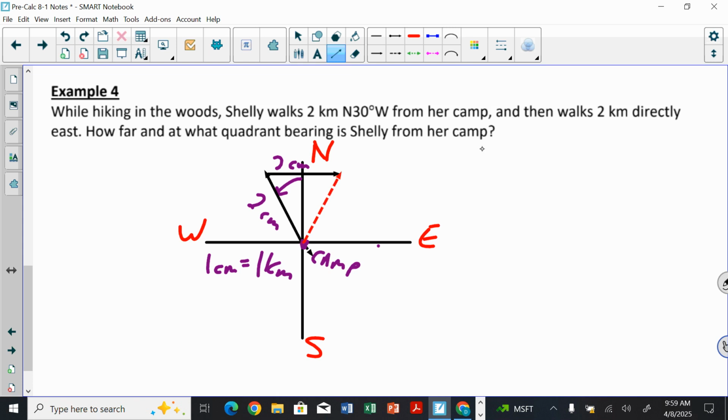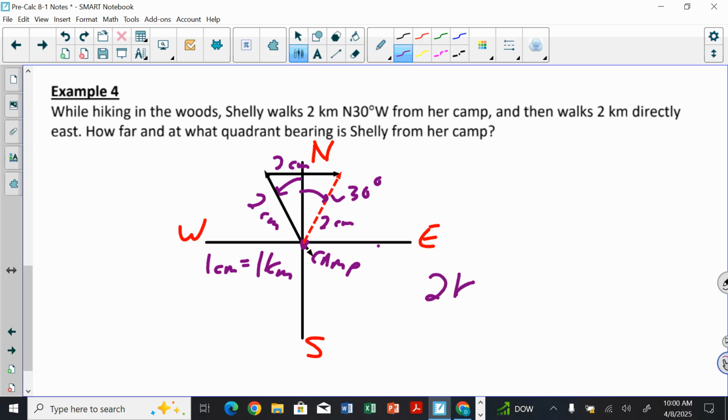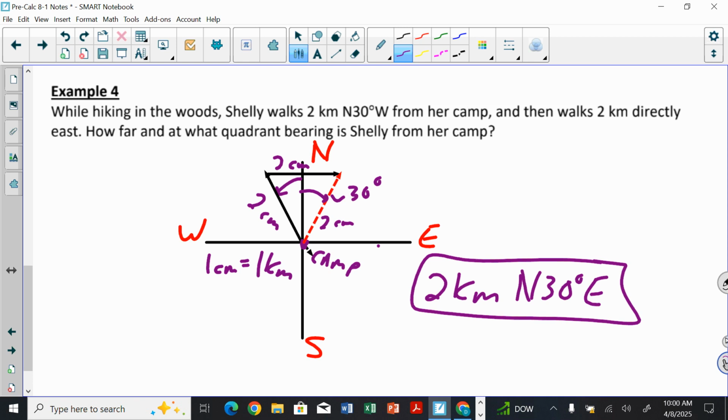If I take this from the north, I use my protractor. Okay, that's 30 degrees. What's the distance? I use my ruler: 2 centimeters. So 1 centimeter is 1 kilometer. So she's 2 kilometers away, at 30 degrees east of north.